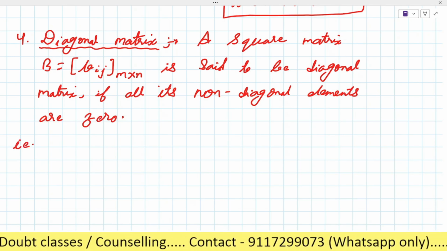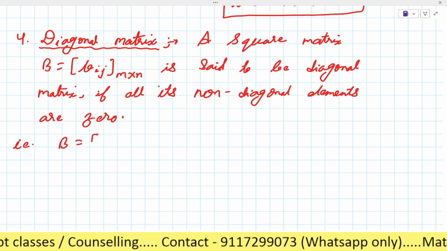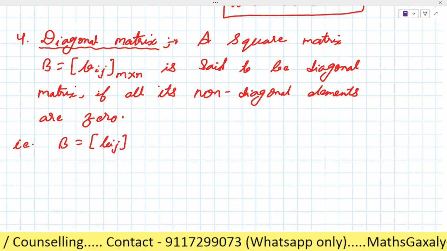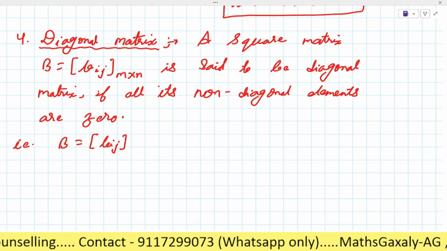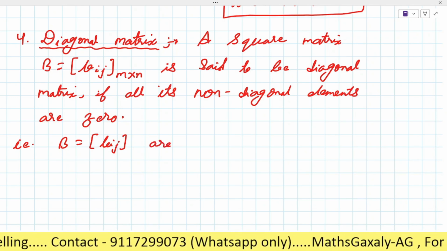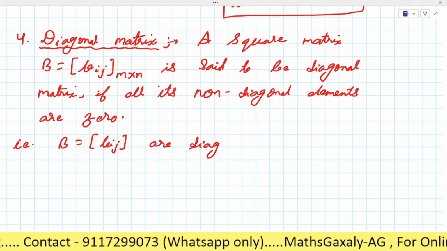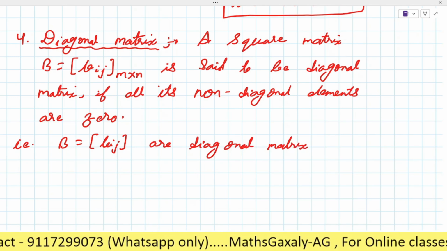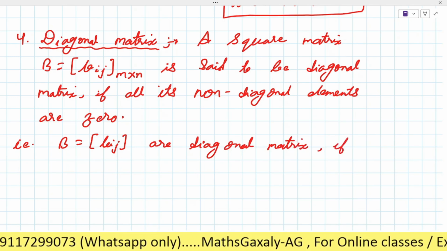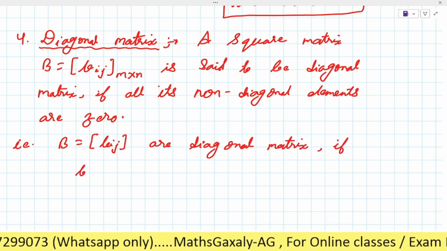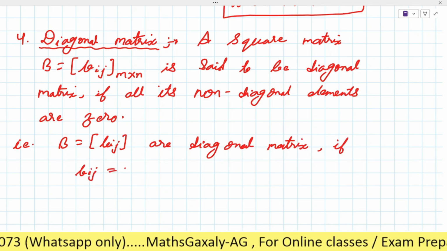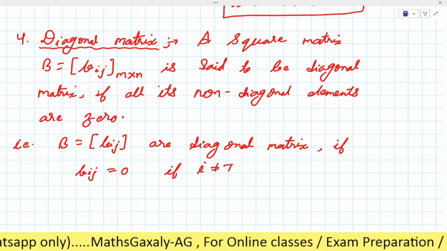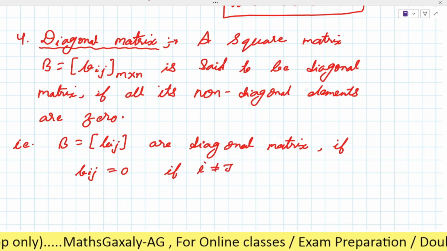That is, we can say that B equals bij is a diagonal matrix if bij is equal to 0 if i is not equal to j.